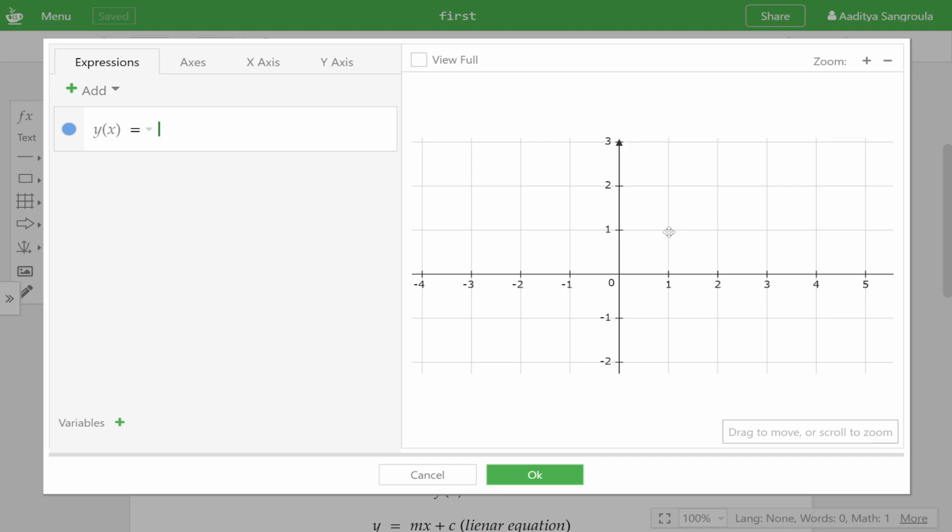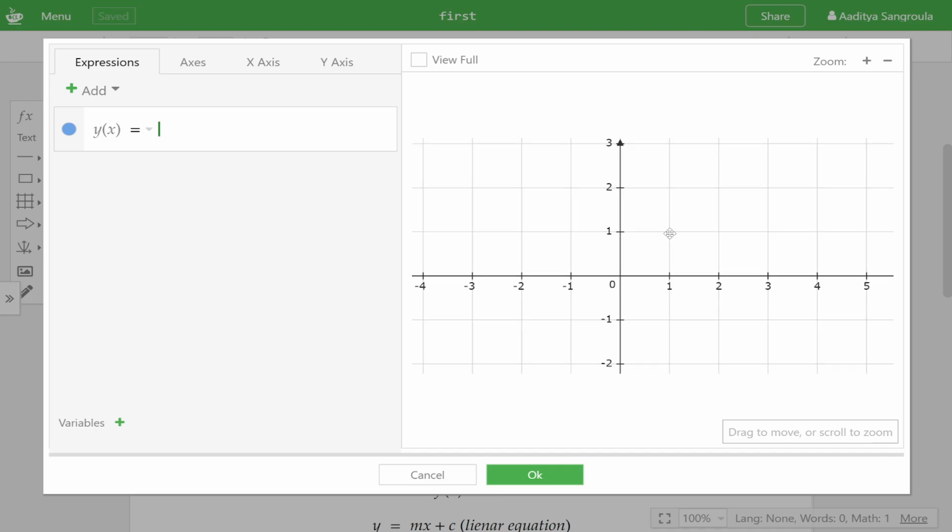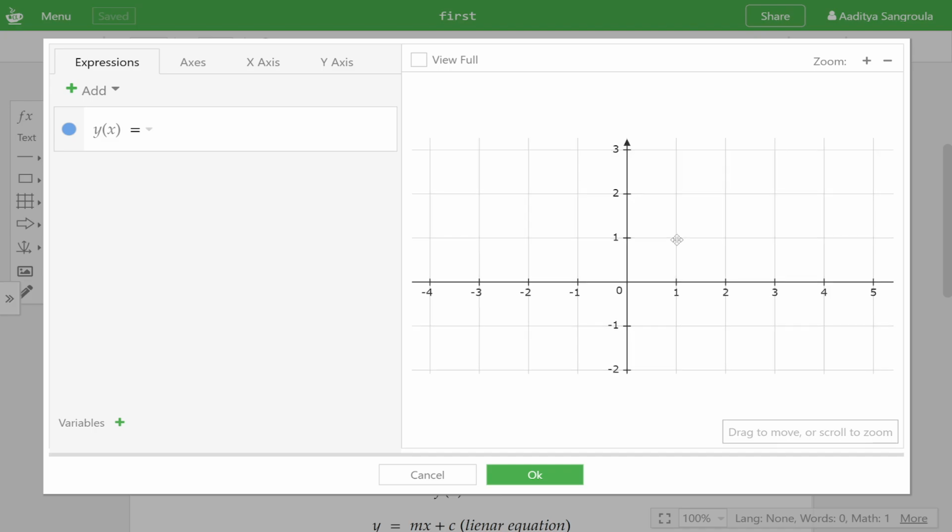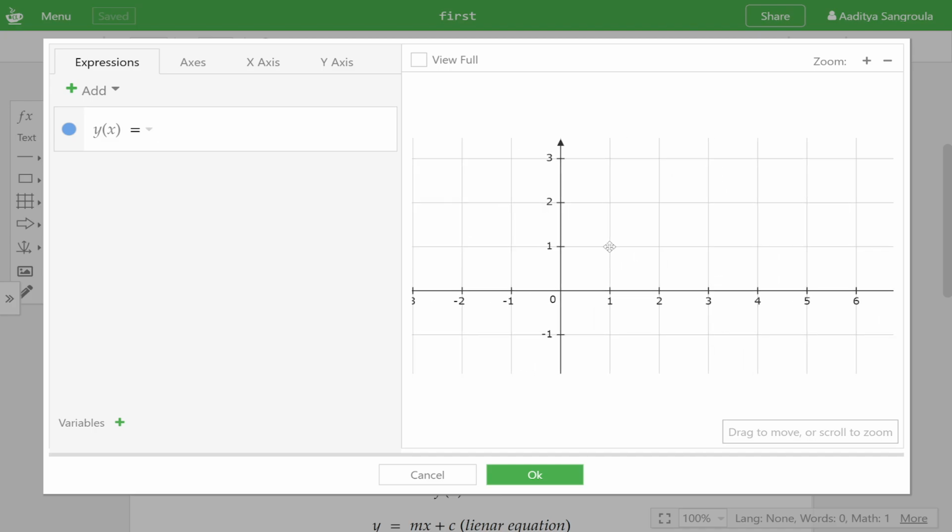First we look at how many units the point is far away from the y-axis in terms of the x-axis. Here it's 1 unit, so 1. And how many from the x-axis? Here it's just 1 unit as well, so it's 1, 1.